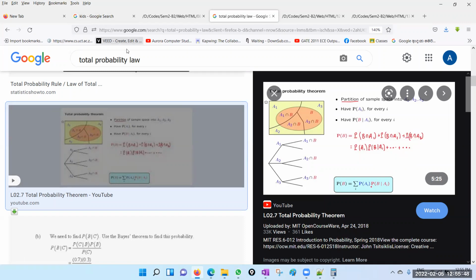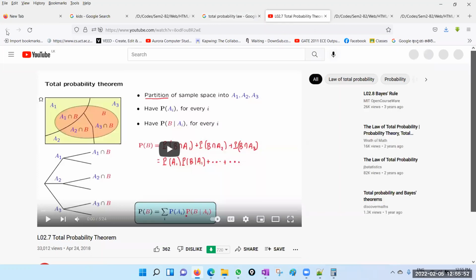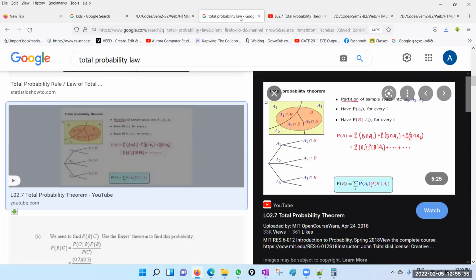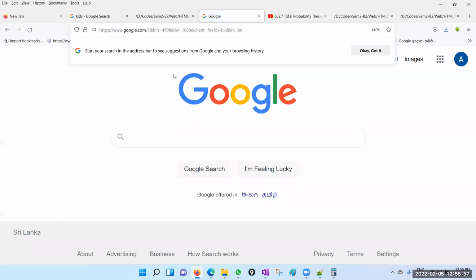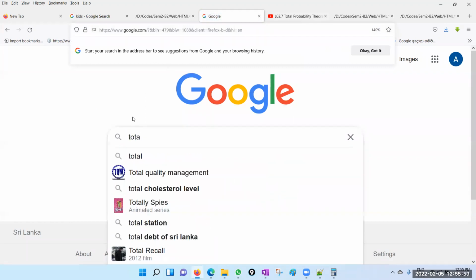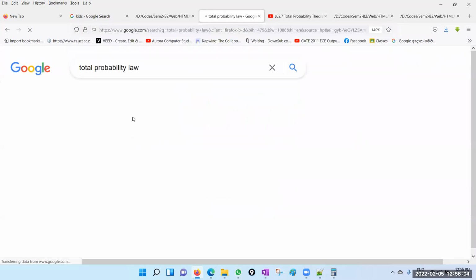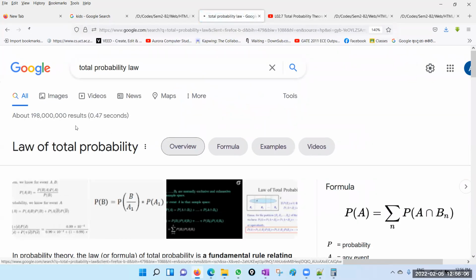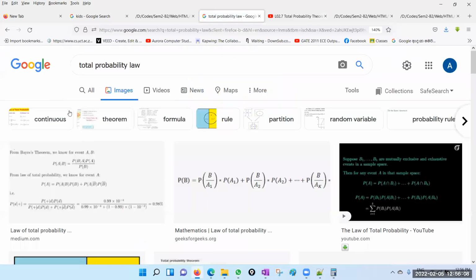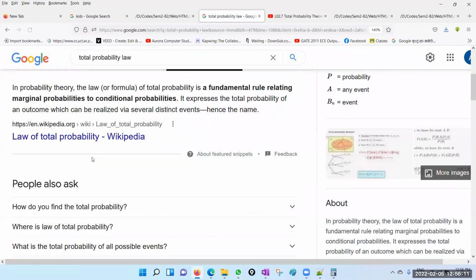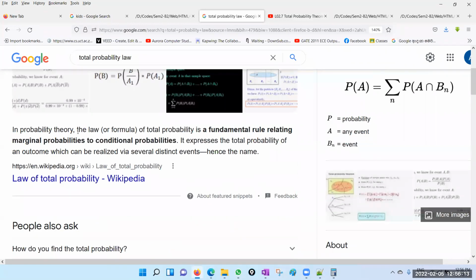Total probability law. Okay. So let's go into the definition: in probability theory, the law of total probability is a fundamental rule relating marginal probabilities to conditional probabilities.